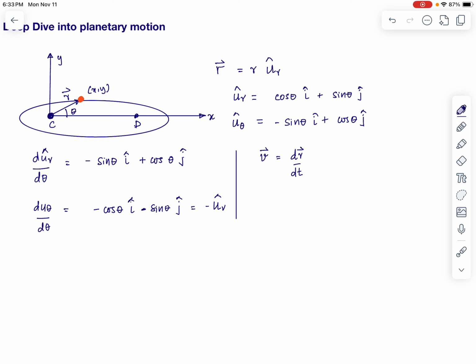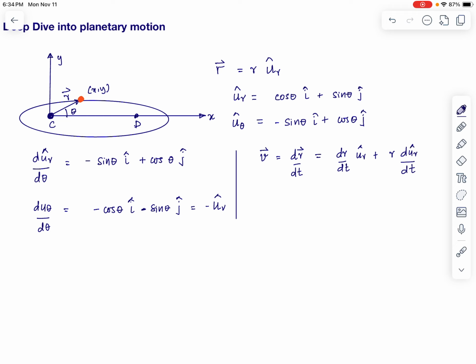We know that r is this, so we'll differentiate using the chain rule, taking the differentiation of the product. Here we have dr over dt times ur plus r times dur divided by dt.